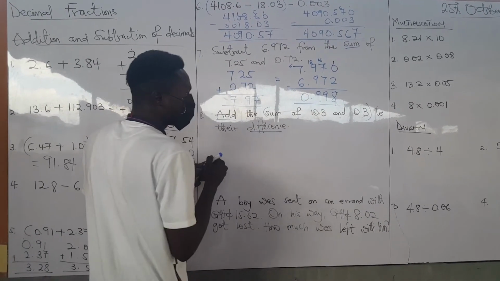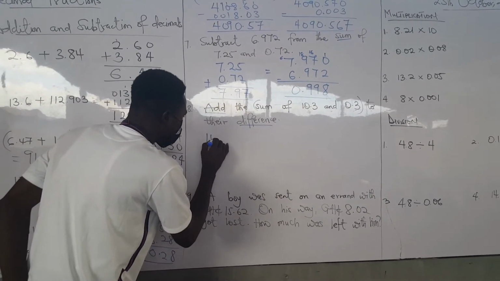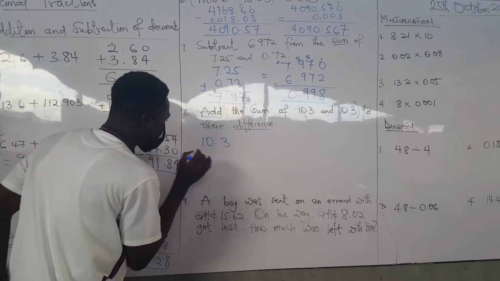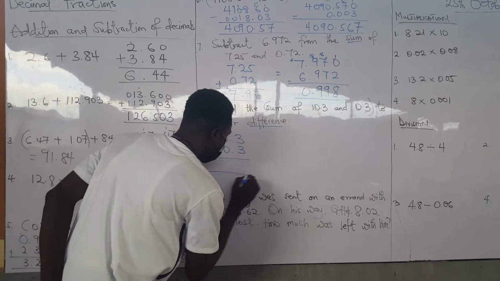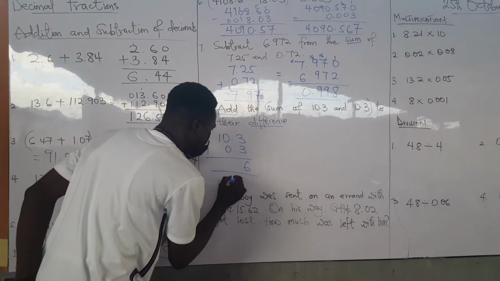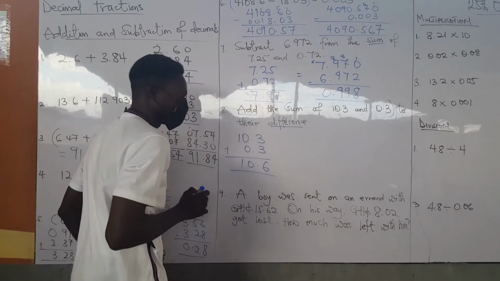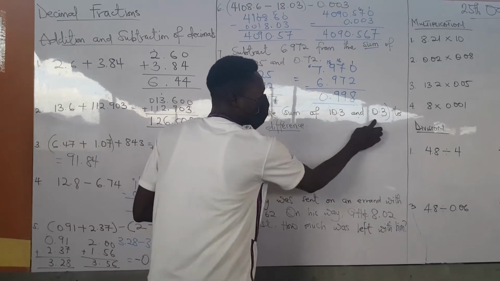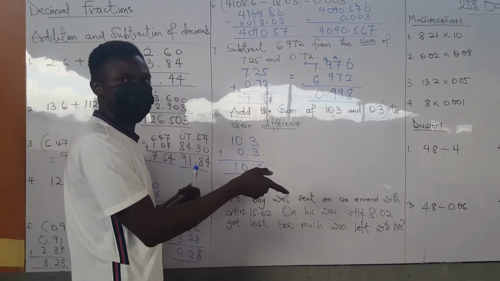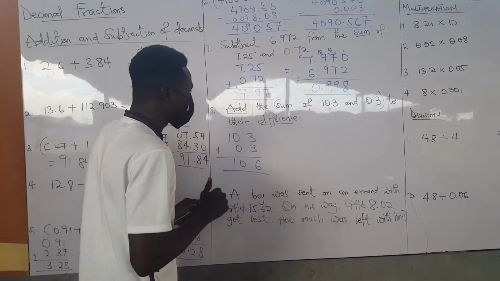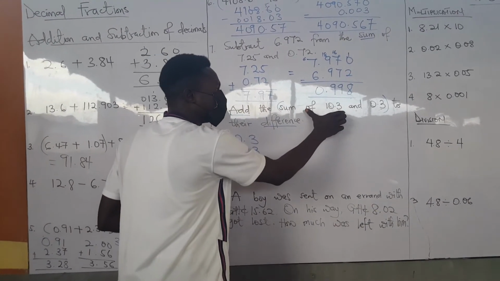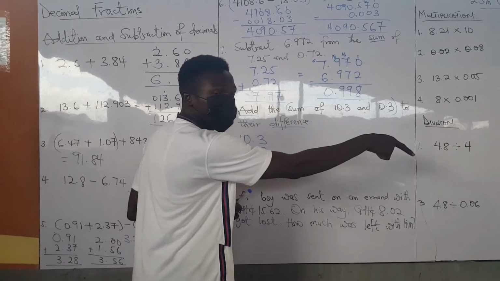So what is the sum of this? The sum will give us 10.3 plus 0.3. So this will give me 6.01. So the sum of these two decimals is 10.6. Now I have to calculate for the difference, because I'm to add the sum, which is this, to their difference.